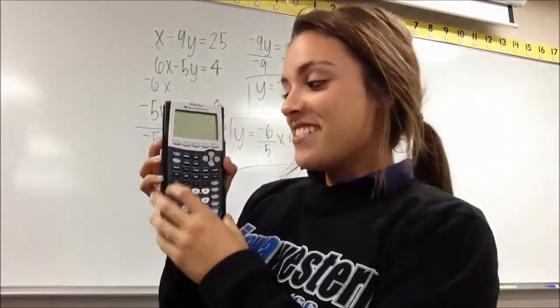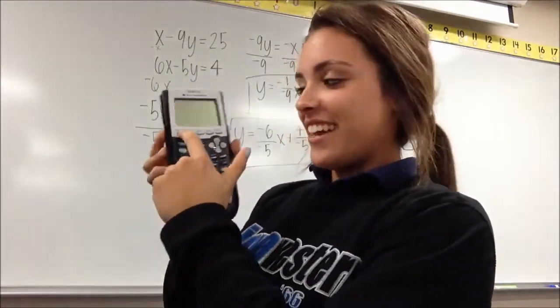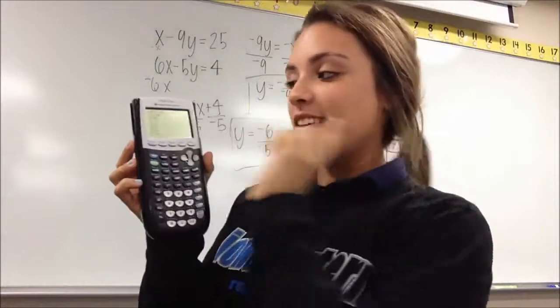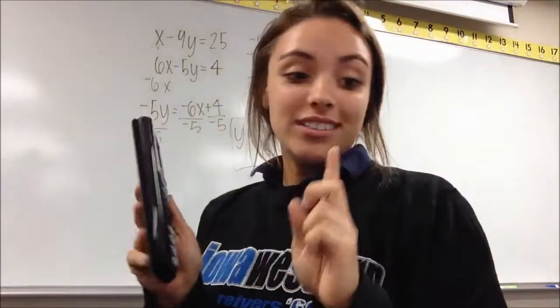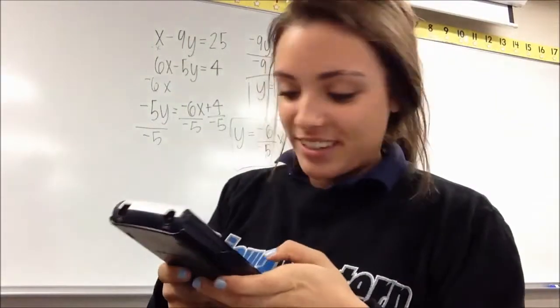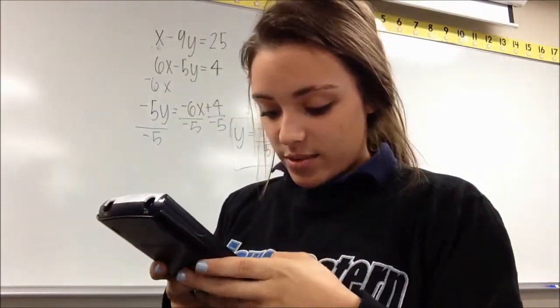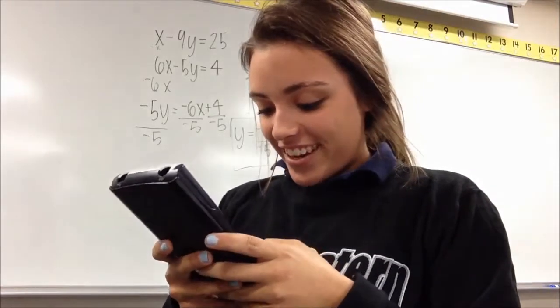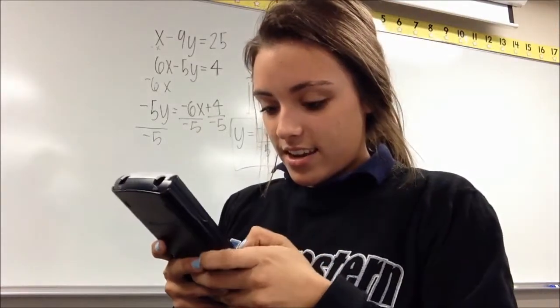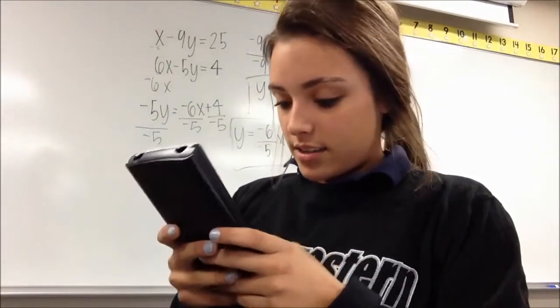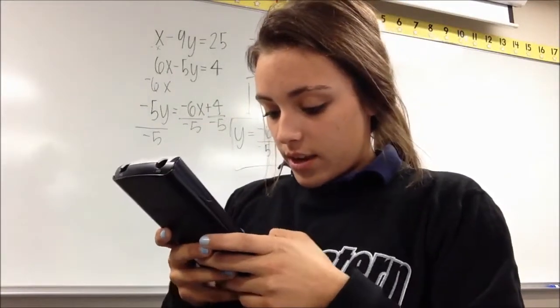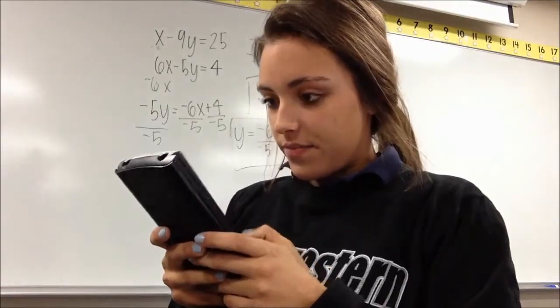Now, go to the y equals on your calculator and enter in your data, and you have to clear out if you need to. Make sure plot 1 is not selected. So y equals negative 1 divided by negative 9x plus 25 divided by negative 9.